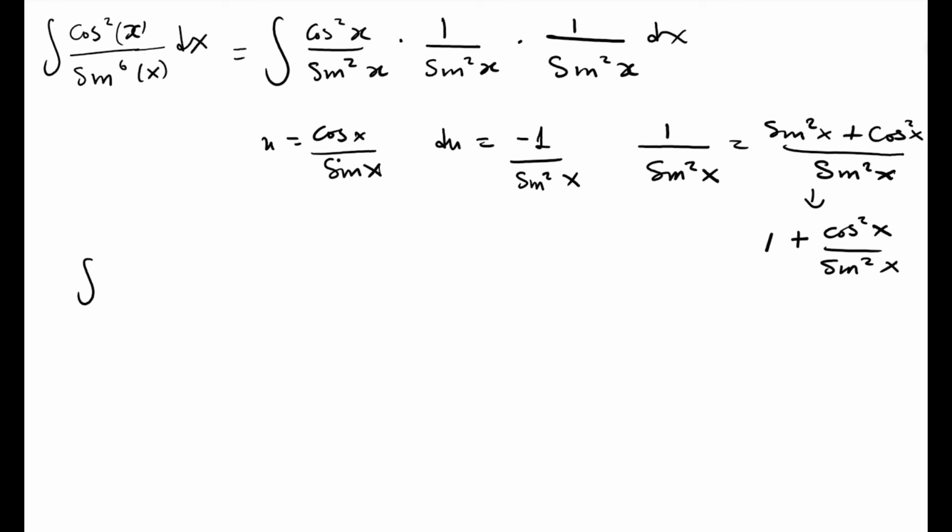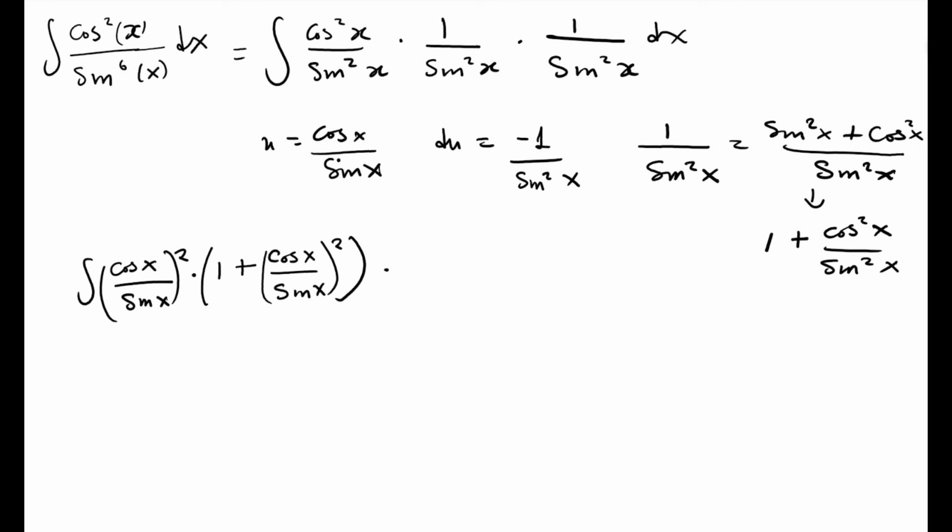So it's an integral of cos of x over sine x, to the power 2, multiplied by 1 over sine squared x. We said we can write the other part as 1 plus cos x over sine x squared, multiplied by 1 over sine squared x dx.